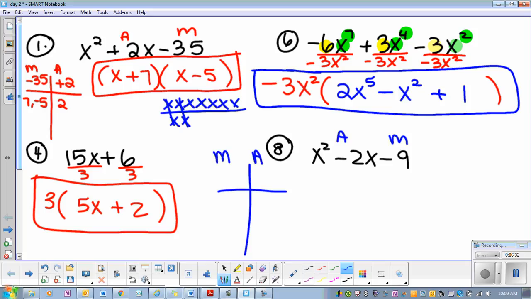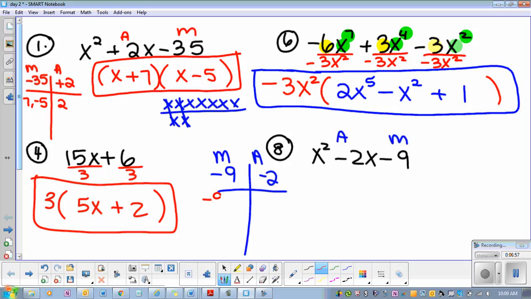So I need two numbers that multiply to give me what? What's my M number? Negative 9. And adds to give me, what's my A number? Negative 2. Okay. What two numbers multiply to give me negative 9? I can give you one.